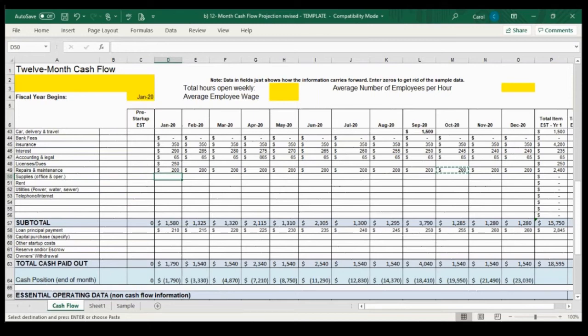Supplies, and for this discussion, we're going to lump in office supplies and operational supplies. So these are going to be things that are not necessarily tied to the sales side of it. So it's not something you're going to replenish in supplies because of sales.